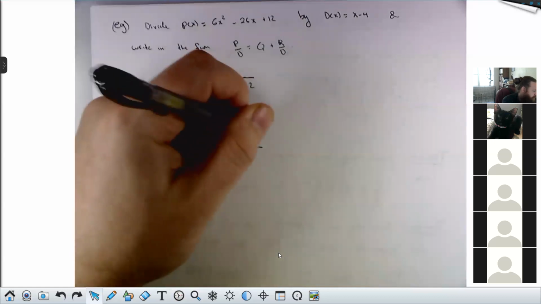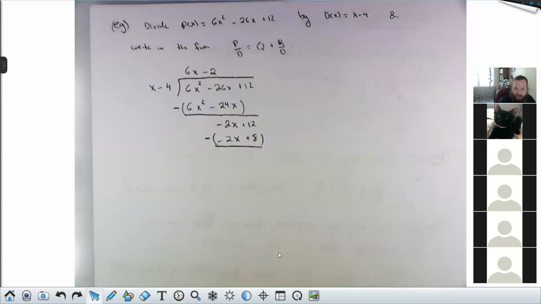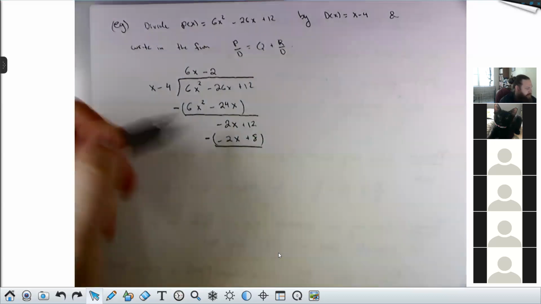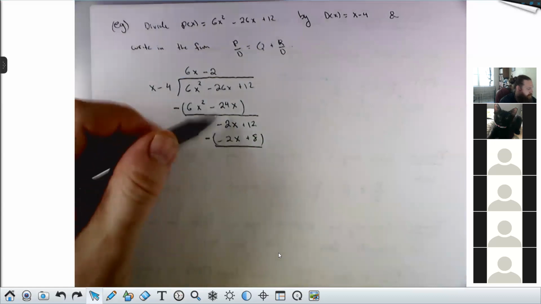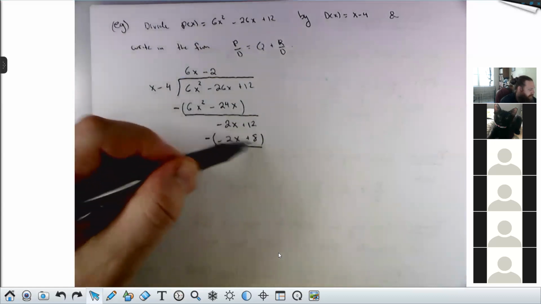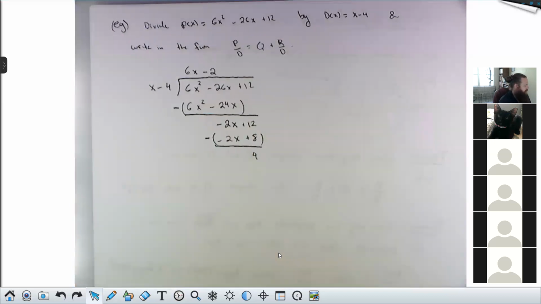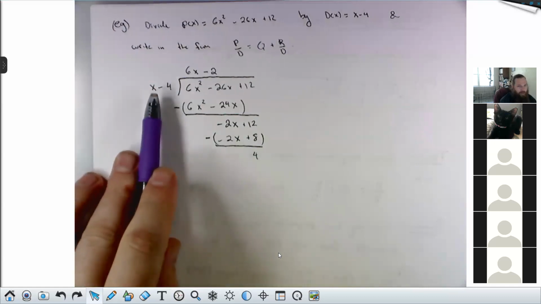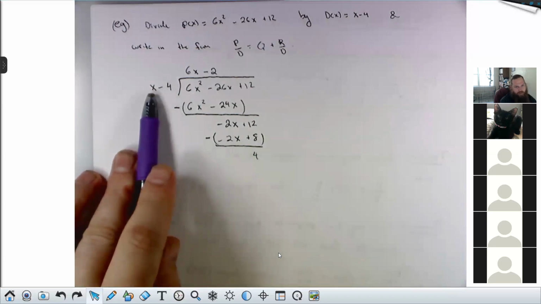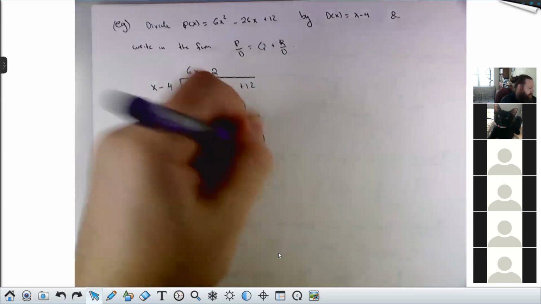And you subtract. The first term should always cancel perfectly. That's by design. So negative 2x minus negative 2x is negative 2x plus 2x is 0. 12 minus 8 is 4. And you're done. Because there is no polynomial that I can multiply x by, no non-negative integer power of x, to turn it into 4. So we're done. This is your remainder.